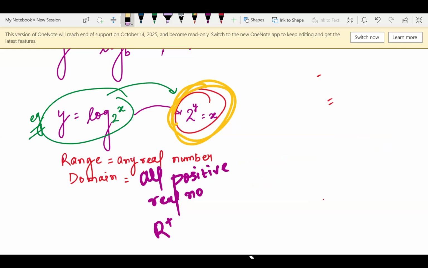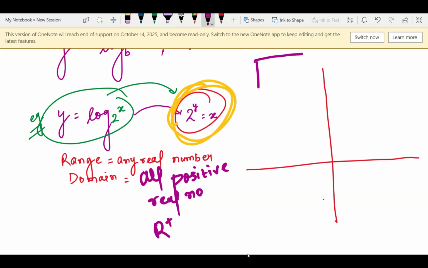Now, what about the graph? So we will check the graph as well. I am going to plot the graph of this function y is equals to log x base 2. For making the graph, what we do, we make the table, right? Yes, x and y we take.